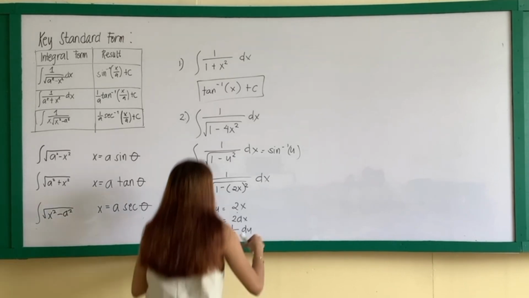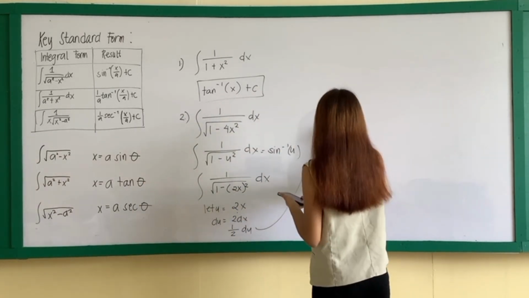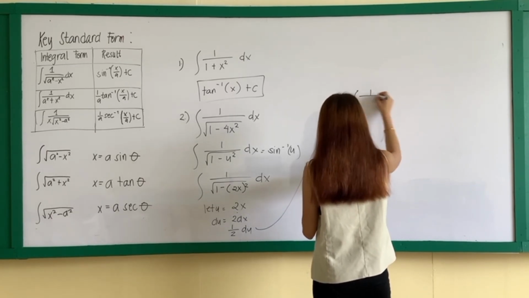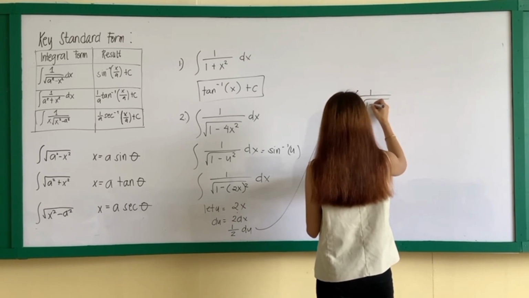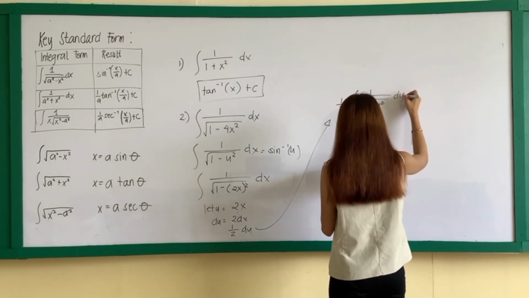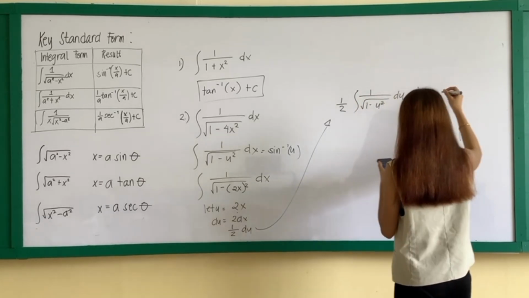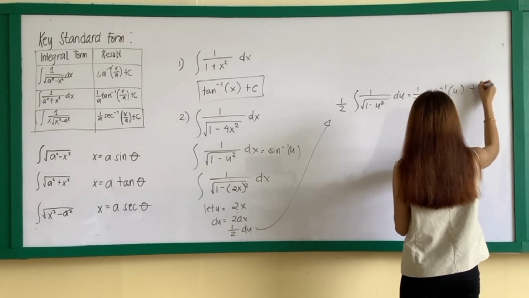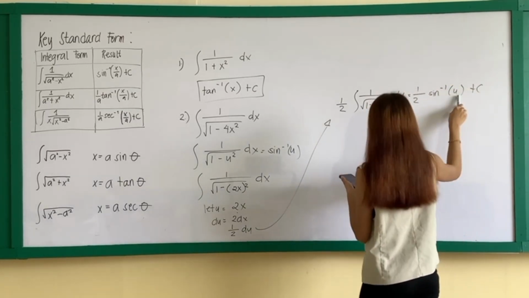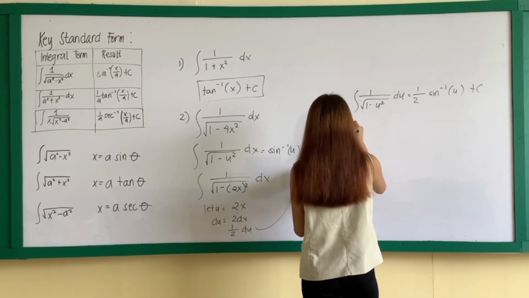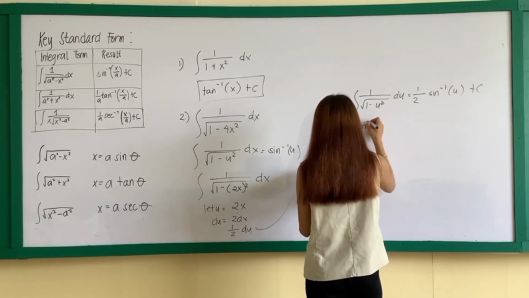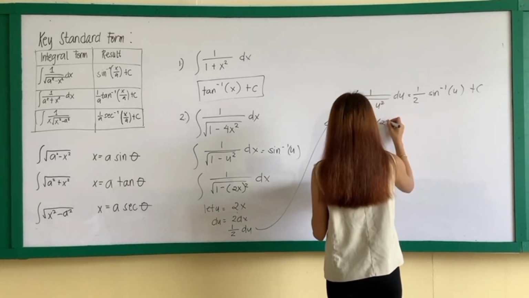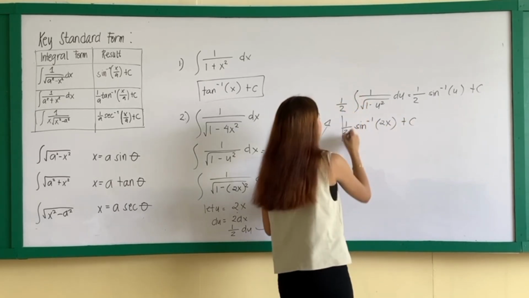So now we have 1/2 the integral of 1 over the square root of 1 minus u squared du, which goes to 1/2 arcsine u plus C. And let's substitute the u here. So we have 1/2 arcsine, and our u is 2x, put it here, plus C. So here's our final answer.